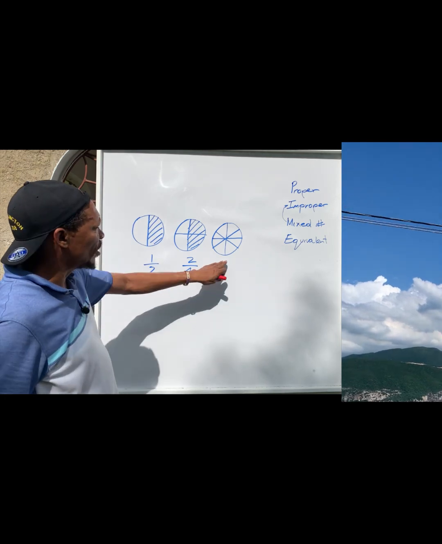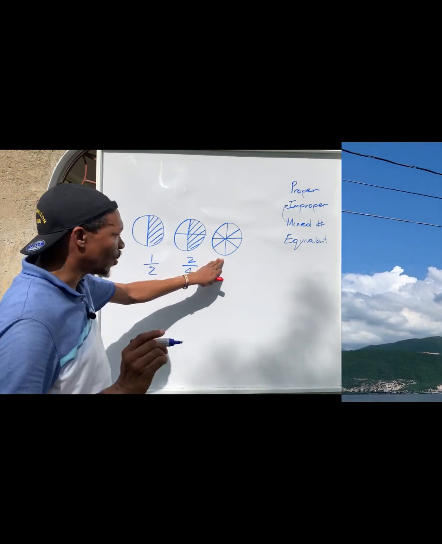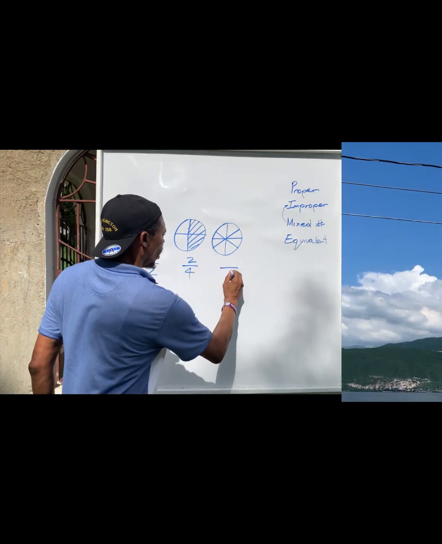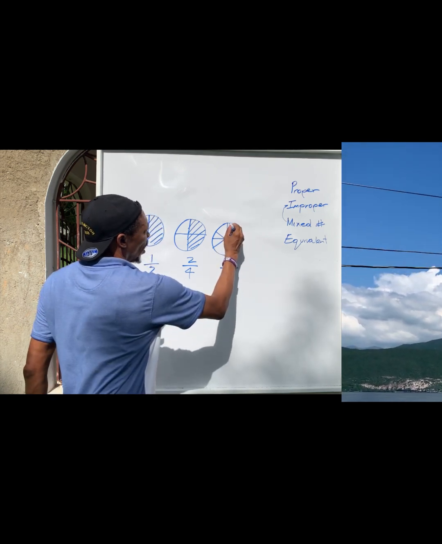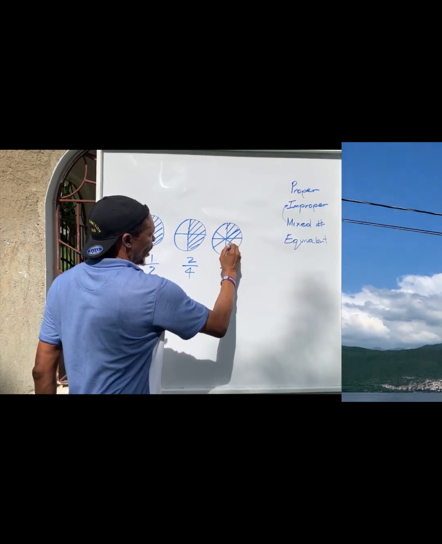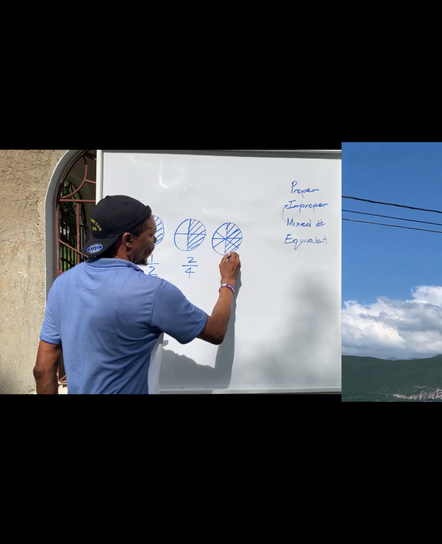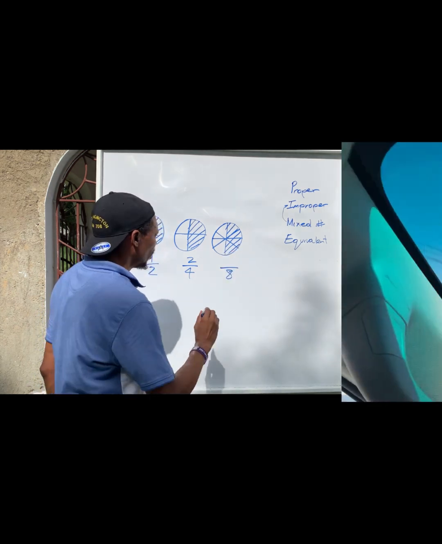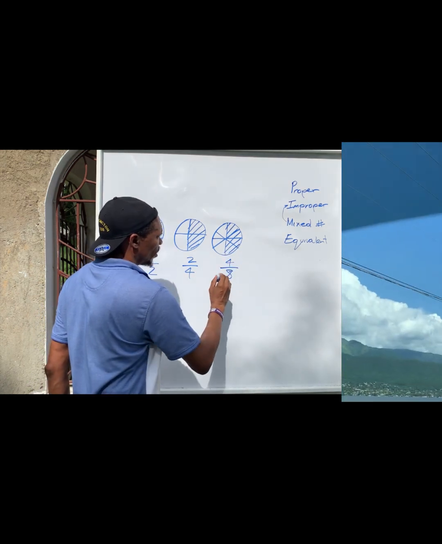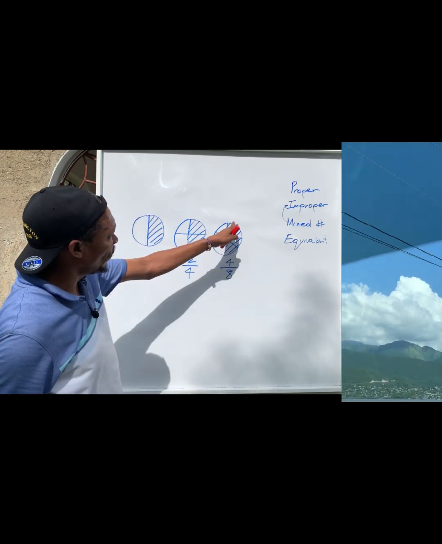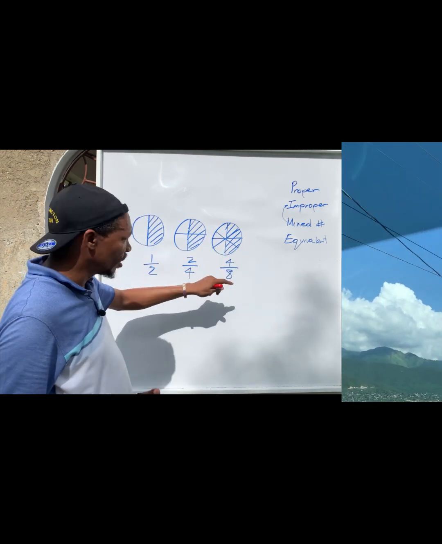We would have divided this circle into 8 equal parts. And let's say we shade 4 of these pies. So we'd have shaded 4 of these sections of the 8.